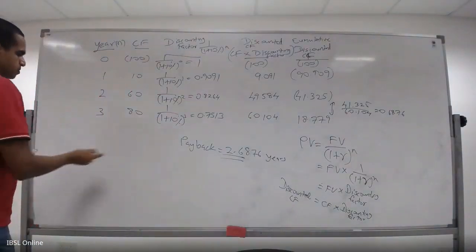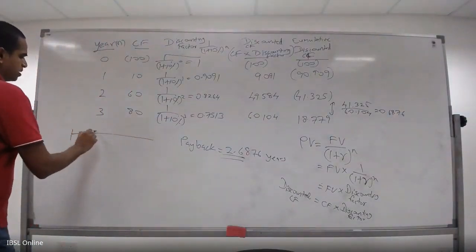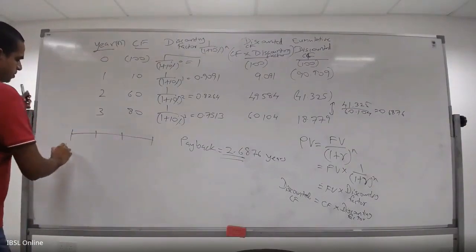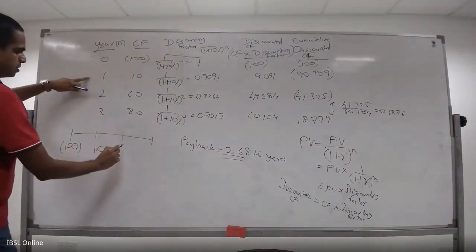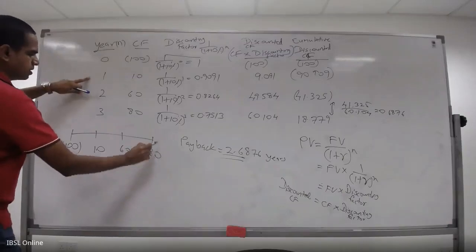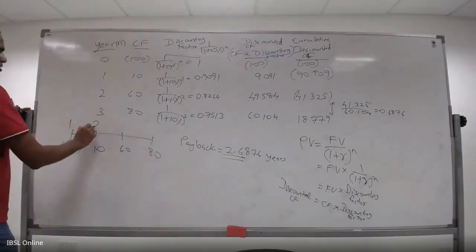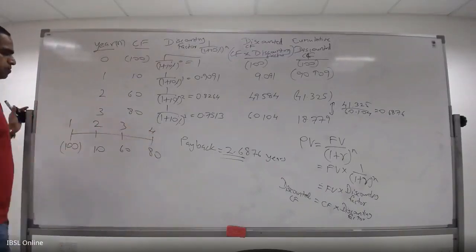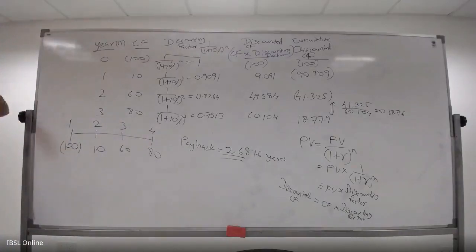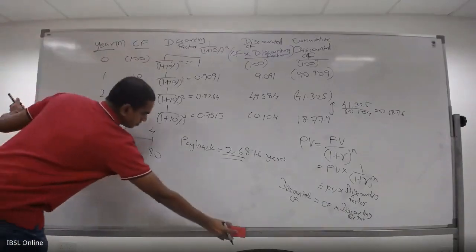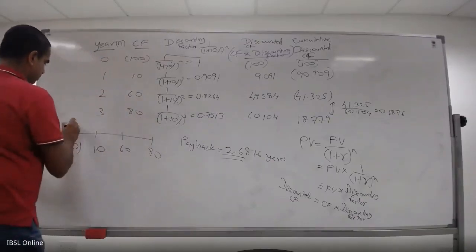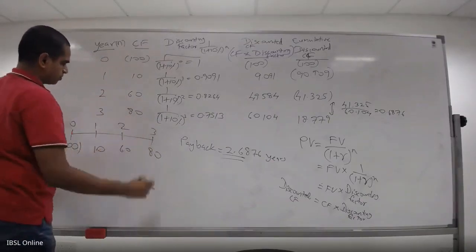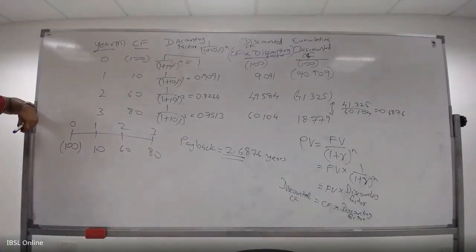Right. So these cash flows are received over a period of 3 years. Here you have an investment of 100. First year you get 10. Second year you get 60. Third year you get 80. This is the first 3 years. These are your cash flows.